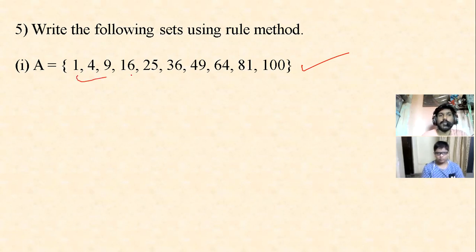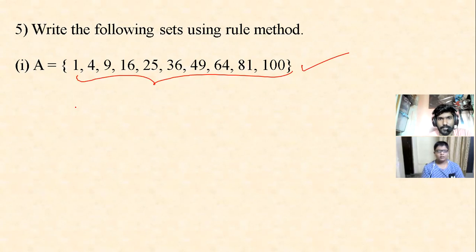Now, look at these numbers. What can you see in these numbers? I see numbers from 1 to 100, but I don't understand the pattern. Yeah, try. Give it a think. You can take your time.